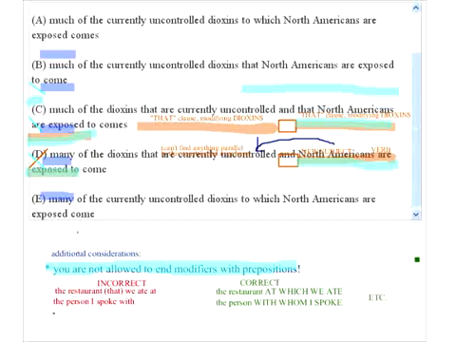Much is for uncountable things. Many is for countable things. So dioxins are countable, so you can't say much. Therefore, that's enough to eliminate A, as well as double eliminating B and C.